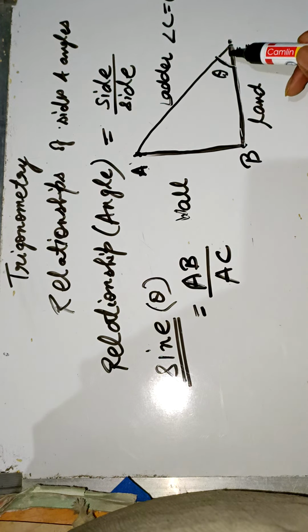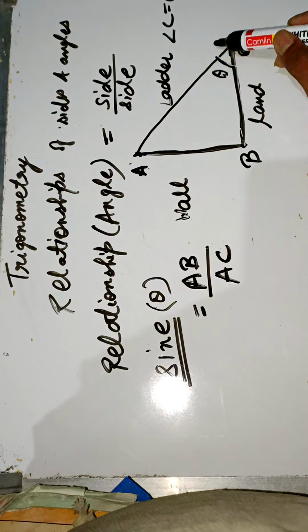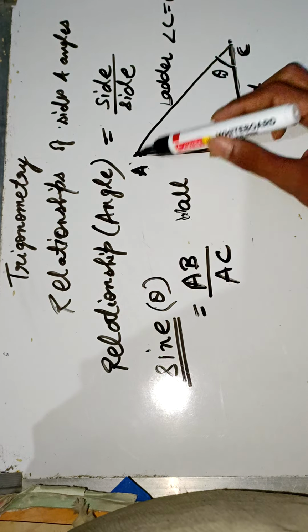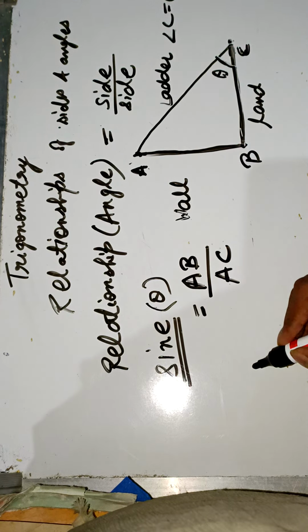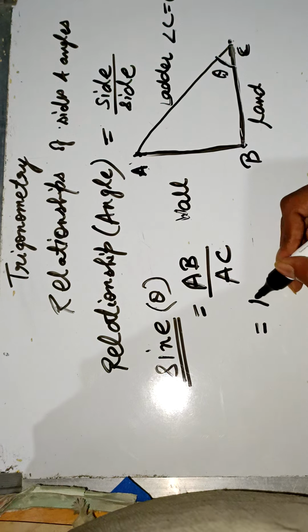Which side is opposite to the angle theta? In this particular scenario, the side AB is opposite to the angle C, or angle theta, upon the side which is the ladder inclined to the land, that is AC. So the sine of an angle is equal to the ratio of the side opposite to the angle theta, whatever angle we are taking, and the hypotenuse, the ladder, which is AC. This is what we define as sine theta.